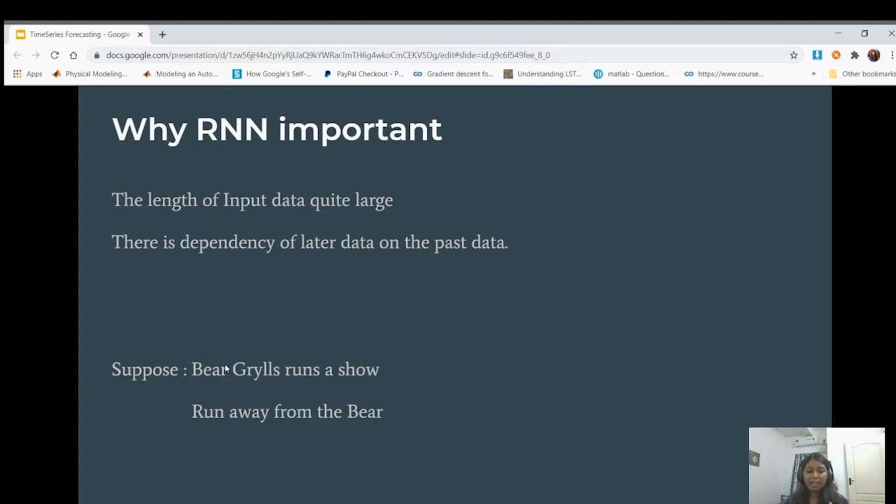Suppose there are two sentences: Bear Grylls runs a show, and run away from the bear. In those two, the word bear has two different meanings. One is an animal, one is a person. So unless and until you finish the sentence and reach the full stop, you cannot understand which bear it is pointing to.